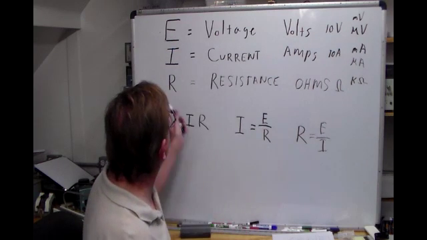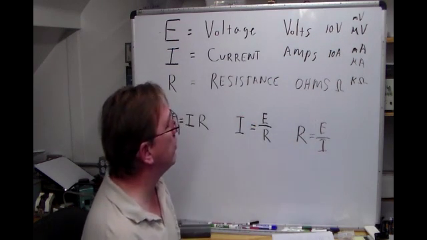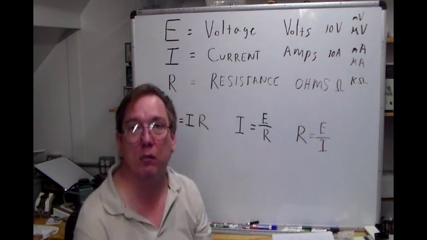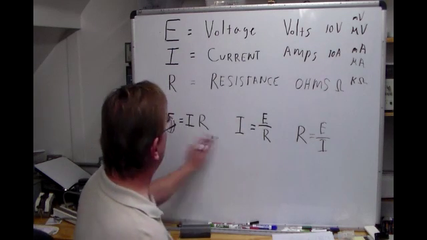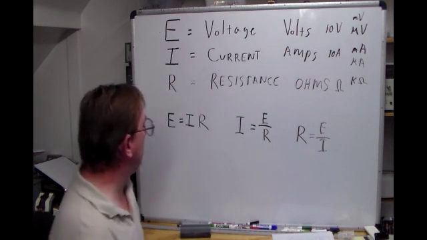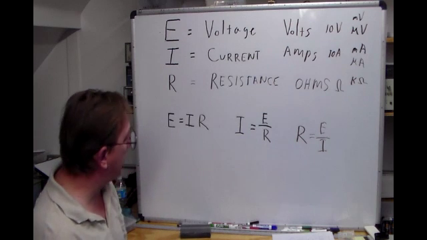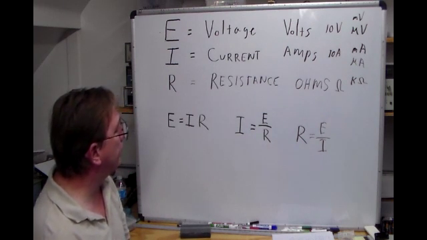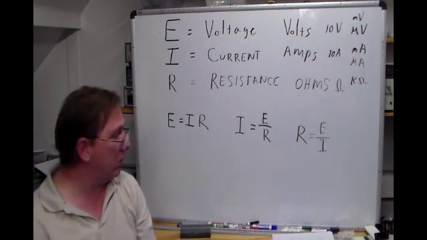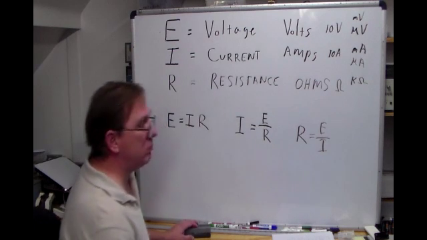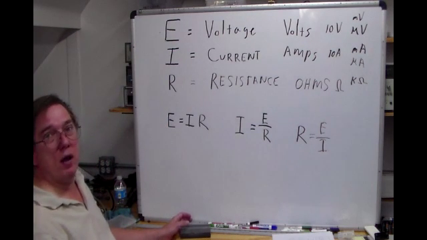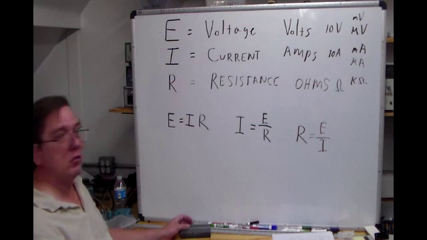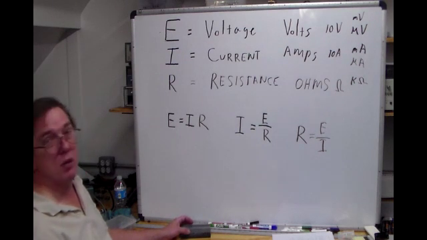But just write down that the resistance is ohms, and we're working in ohms and kiloohms at this point. And then write down these three simple identities right here, and we're good to go. So pause it right now, and then start it again, and we're going to start working some simple problems.